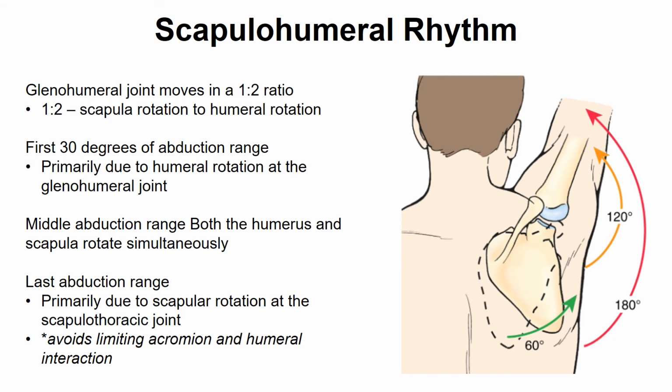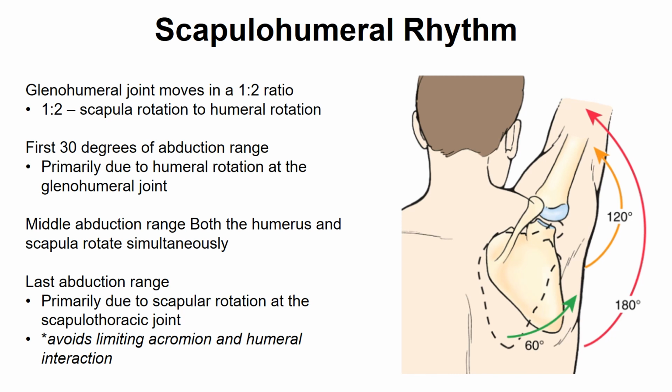But when you get above 90 degrees, that's about as far as the humerus can move by itself, and so the scapula basically swings the rest of the way. That's the movement at the scapulothoracic joint. If your scapula didn't rotate to allow for a full 180-degree rotation, the humerus would hit your acromion and your coracoid process, which would be uncomfortable, not good for the long life of your arm, and would not allow you to go any farther, because bone on bone is strong.